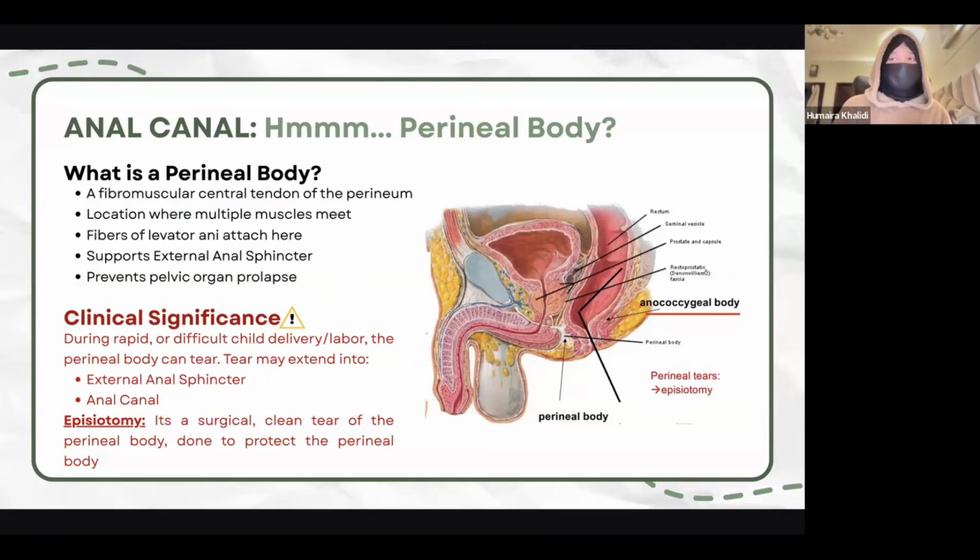What do you mean by prolapse of the organs? I don't remember very well if this was mentioned in your lectures, but this was mentioned in our lecture from our time, I remember. So basically, when the perineal body is damaged for any sort of reasons, usually due to childbirth, you're going to have prolapse of the organs inside because the perineal body is here, as you see.